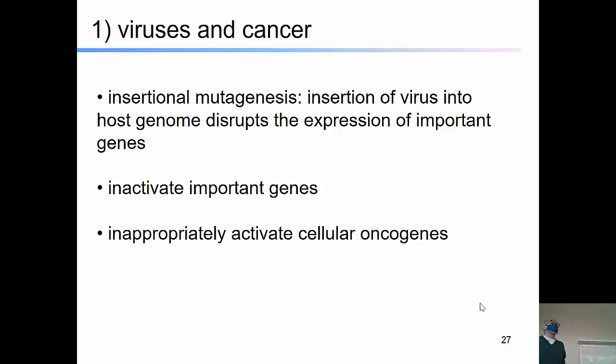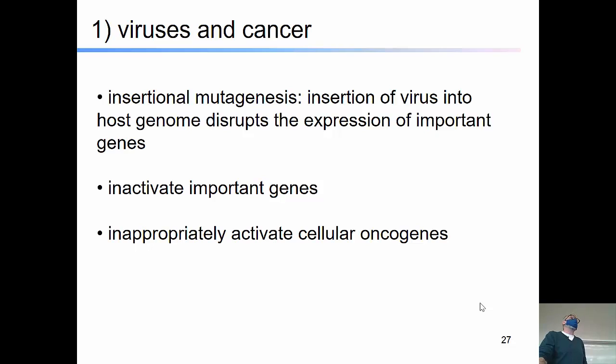Viruses can actually carry genes that contribute to cancers as well. So it can be that the viral genome itself contains genes that promote cancer. So it's not necessarily just disrupting, in the case of humans, a human gene or a human promoter. The virus itself can carry genes that can promote cancers.